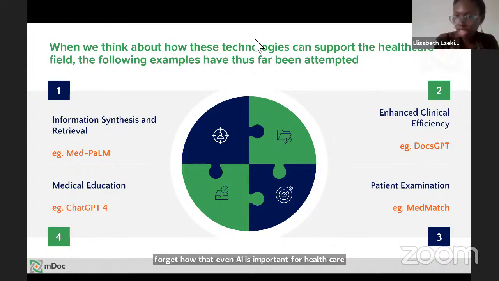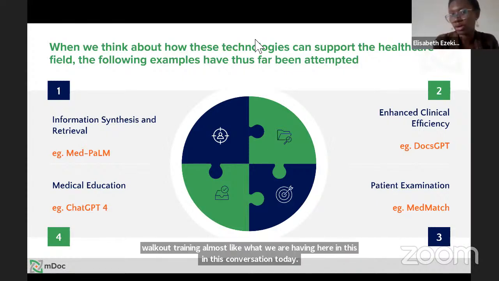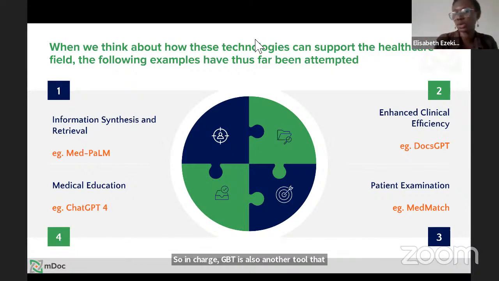So ChatGPT is also another tool that is very useful for personalizing training, understanding the weaknesses and strengths of the learner, and being able to amplify and enhance assimilation and learning.